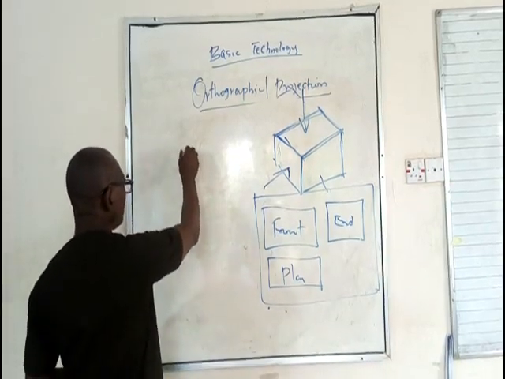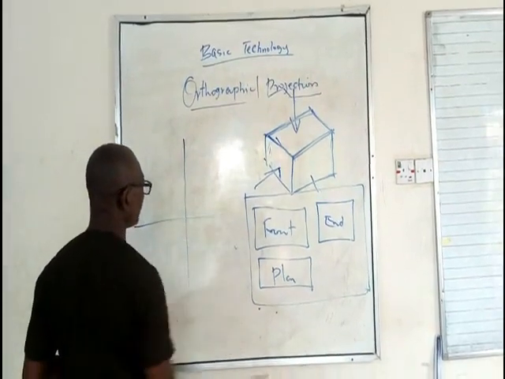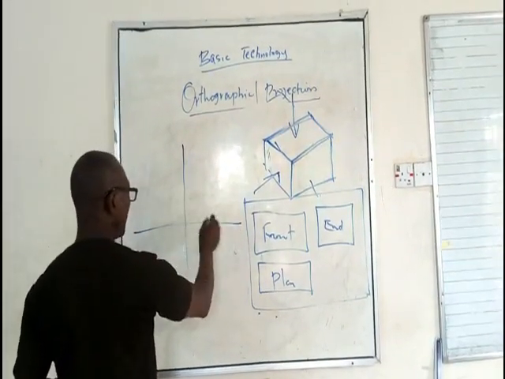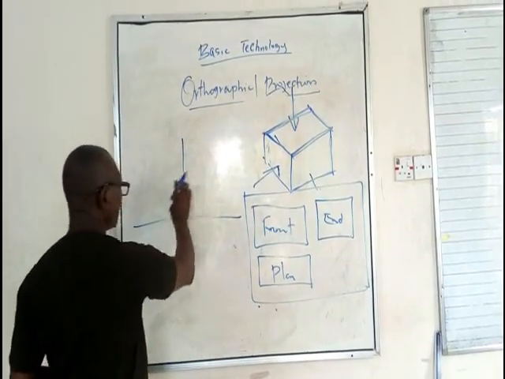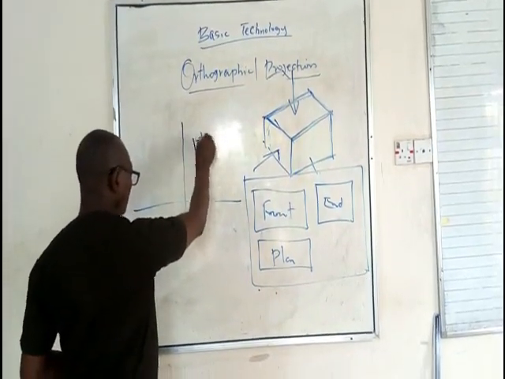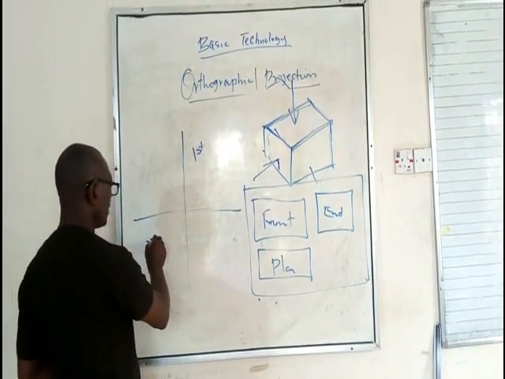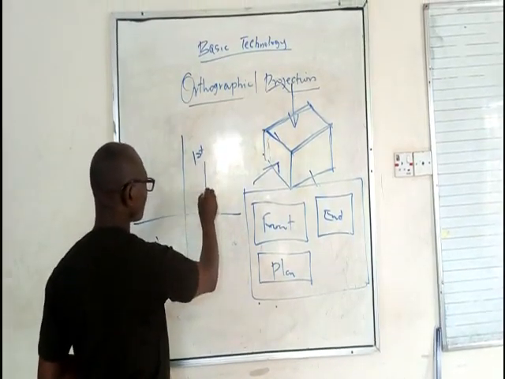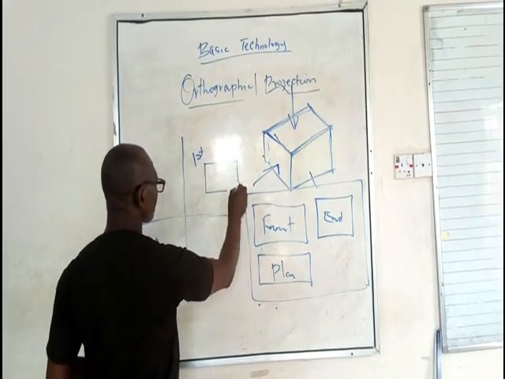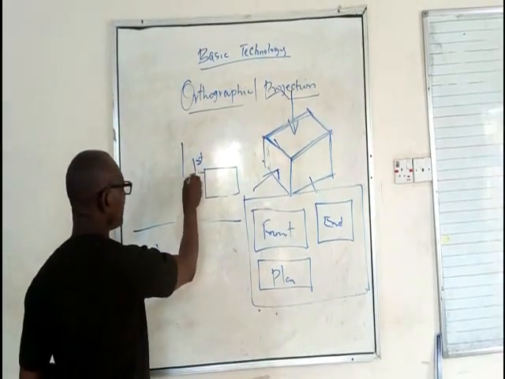Meaning that if you have a mirror, put it down like a mirror, this is the surface of the mirror, this is the first angle, and then this is the third that we are going to use. Then, if you place an object here, this object will reflect here.